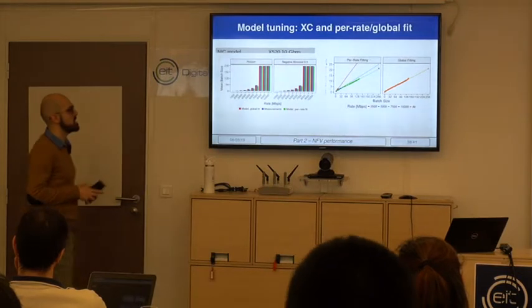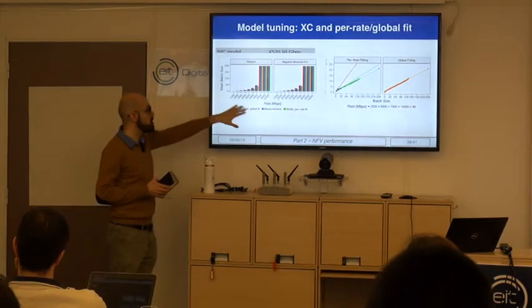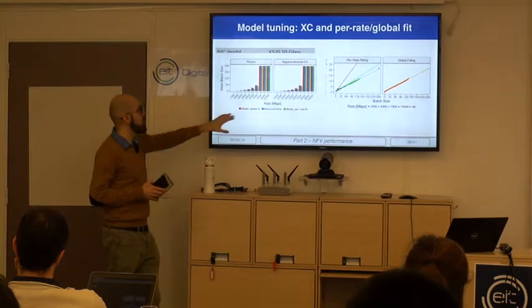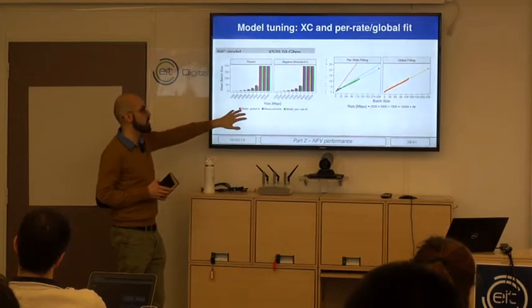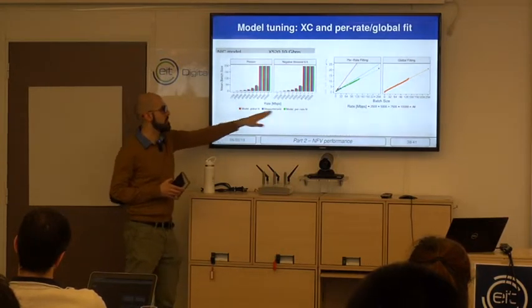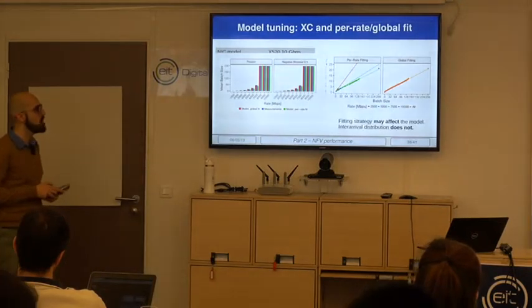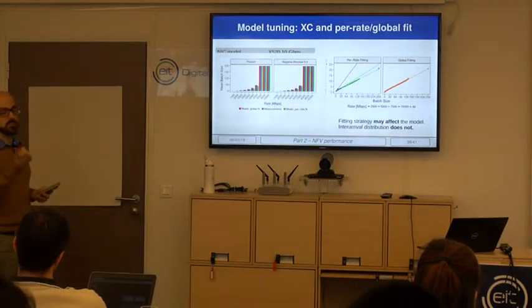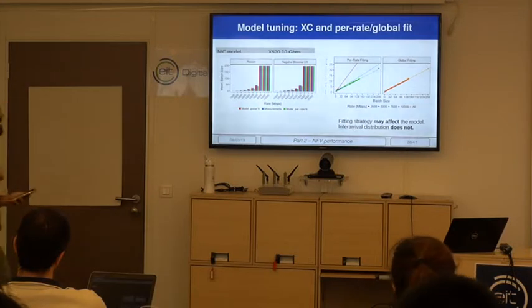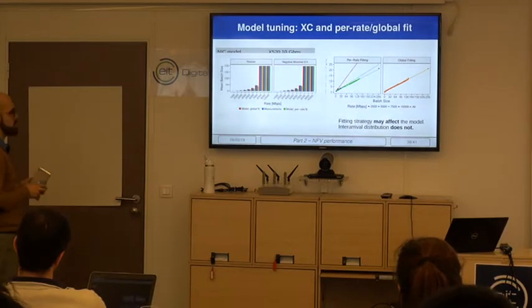In fact, in this plot, I am showing our measurements in blue and the results from our model with a global fit and with a per rate fit. And notice how the fitting strategy is what affects the modeling, while the inter-arrival distribution does not.